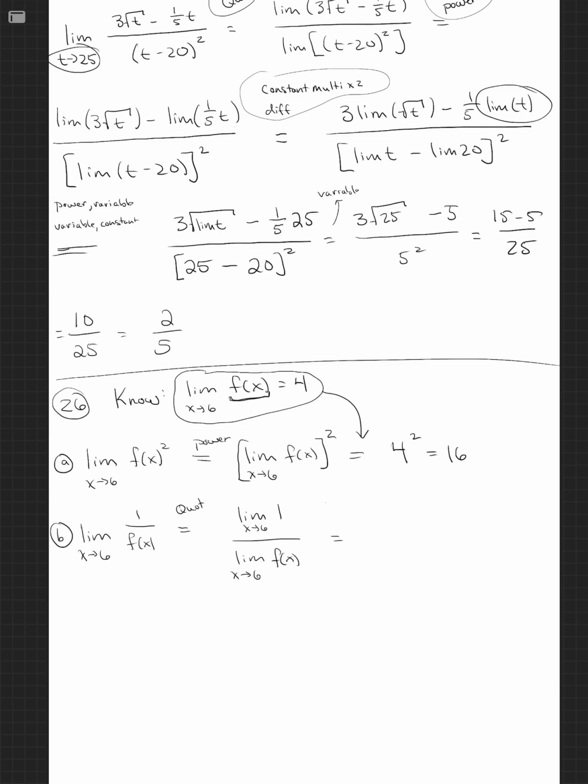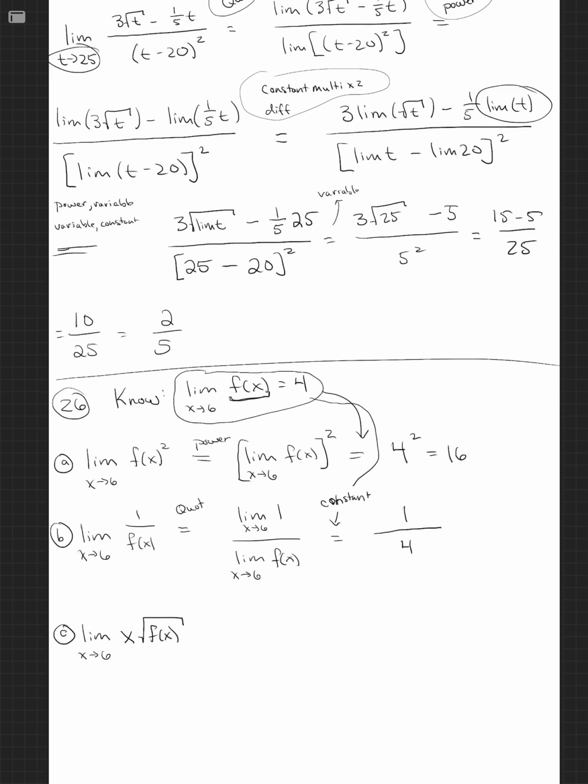Right, and so that's going to be the constant rule. And it's going to be this rule again. So up top, we're going to get 1. Because that 1 doesn't care what x is going to, it's going to stay what it is. And we know that the limit as x goes to 6 of f of x is 4. So we get 1/4.